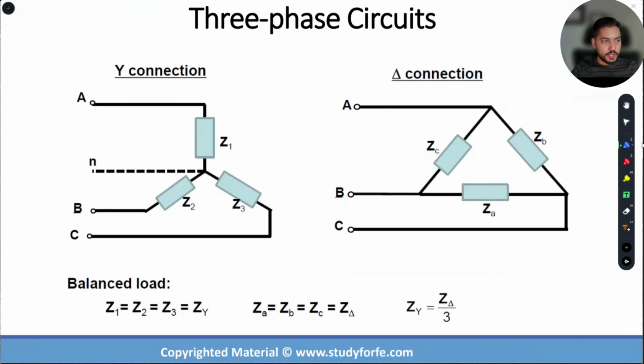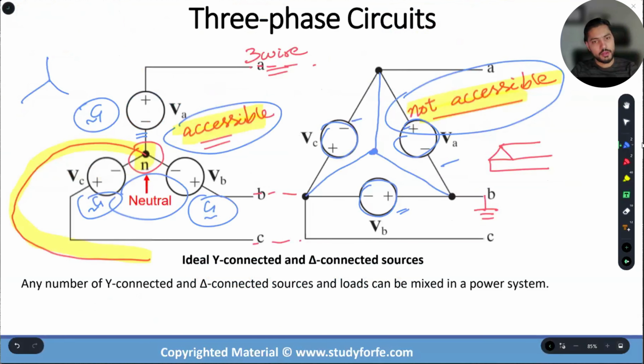Some conventions over here that I must point out. When you look at the impedances in Y and delta, is there something that stands out to you? For those of you who are observing it closely, let me do a quick back and forth.